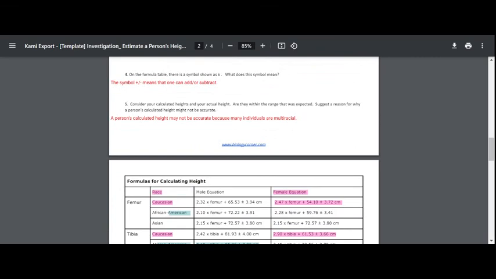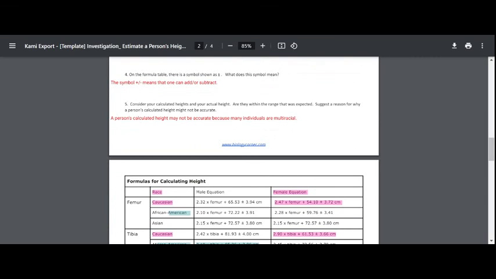Andy, what does the plus or minus symbol mean? No, the plus or minus. Yeah, it doesn't mean that the answer can be negative or positive necessarily, but it means that you are either adding or subtracting the very last number.